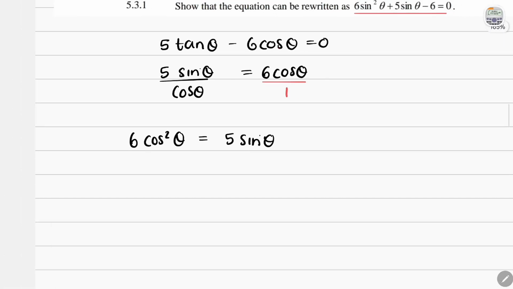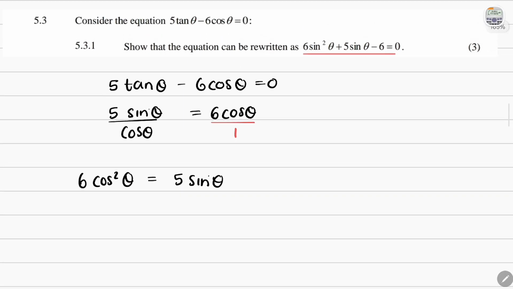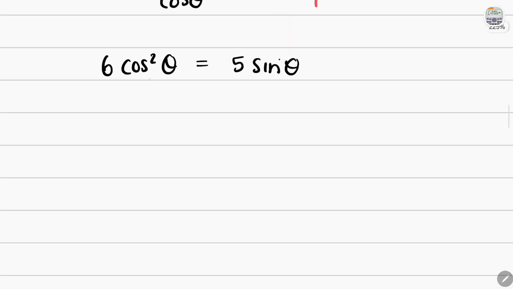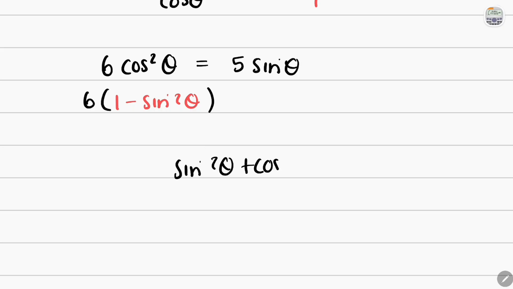Okay, so remember that there is no cos theta here. So we can just change this using the identity for cos squared theta. Cos squared theta is equal to 1 minus sine squared theta. So this is 6 times, and then we'll say 1 minus sine squared theta. And just remember that this comes from the identity sine squared theta plus cos squared theta is equal to 1.